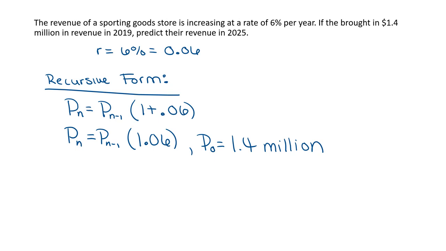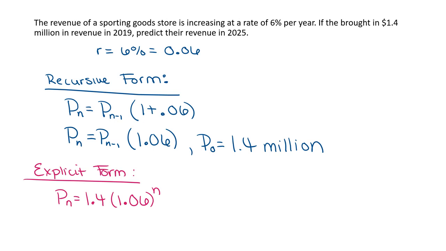So my recursive form would be Pn equals Pn minus 1 times 1 plus 0.06, or 1.06. So every year we multiply our revenue by 1.06. In explicit form, that equation becomes Pn equals the initial amount, which was 1.4 million, and I'm going to leave that as 1.4, since I'm working in millions, times 1.06 to the n.